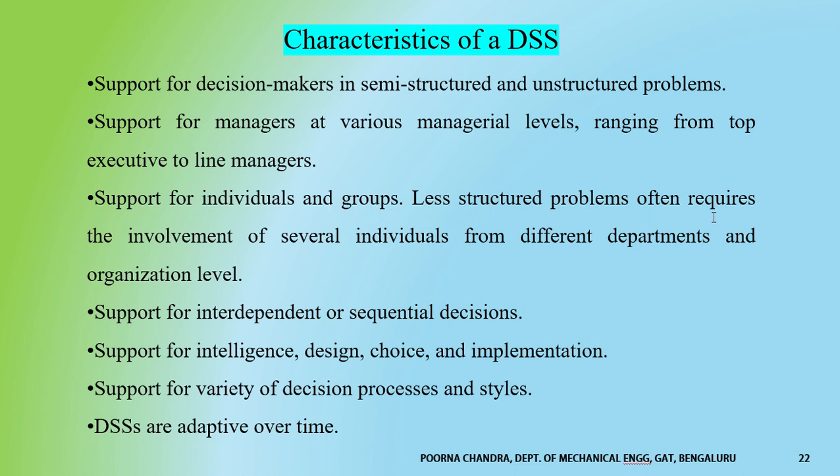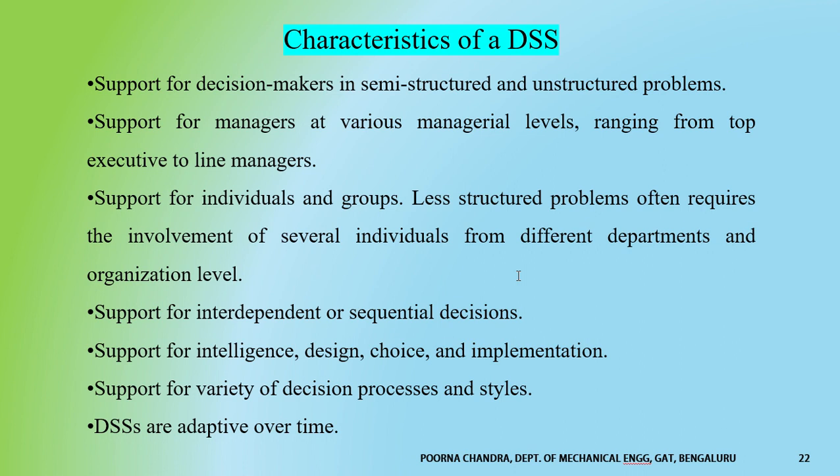Less structured problems often require the involvement of several individuals from different departments and organization levels. Support for interdependent or sequential decisions. So they should take all kinds of decisions, and interdependent decisions also should be taken. Support for intelligence, design, choice, and implementation.